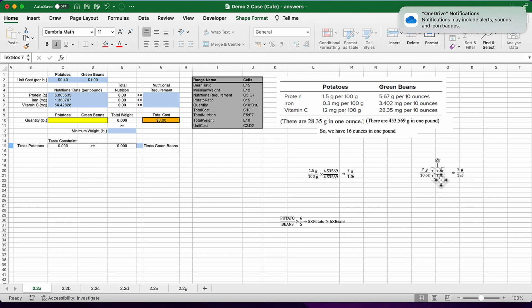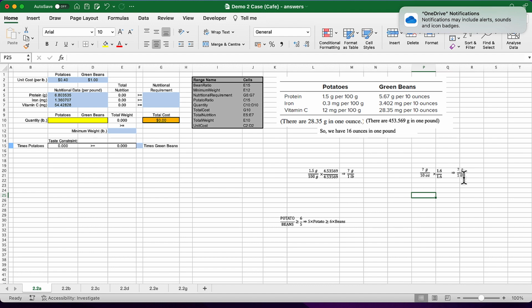So all you need to do is just to make sure that you're going to find the numerator and denominator to be the same number, which in this case, instead of 4.53569, we're actually using 1.6. And the reason is very simple, because the moment when you look at the denominator, all right, what we're saying is that 16 ounces is equivalent to 1 pound. So in order to make this conversion, all you need to do is just to multiply by 1.6.